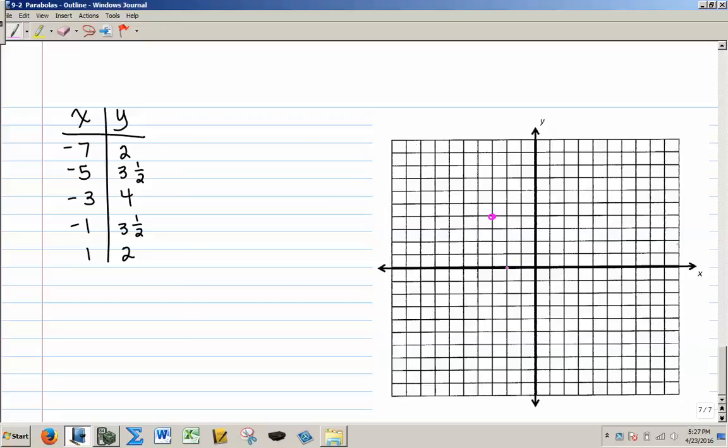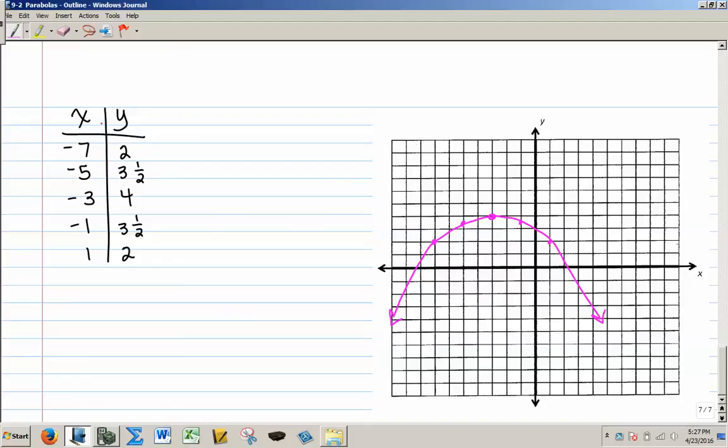So -7, 2; -5, 3.5; -1, 3.5; and 1, 2. As you can see, this parabola opens downward, and actually it's a little bit wider than our standard parabola.